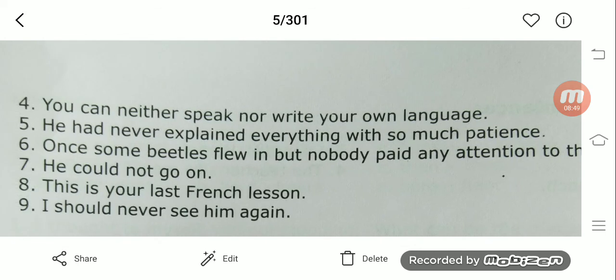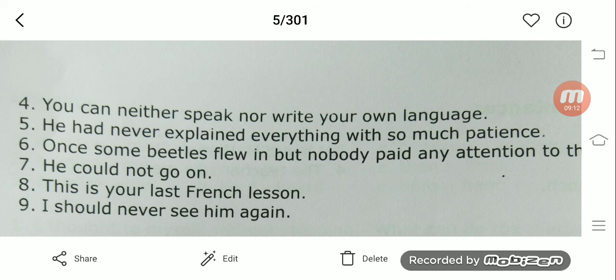Fourth one. "You can neither speak nor write your own language." The word neither is given, and it's a negative word. So how are we going to write? Can you? You cannot write can't you, since can't is a negative. So: can you?